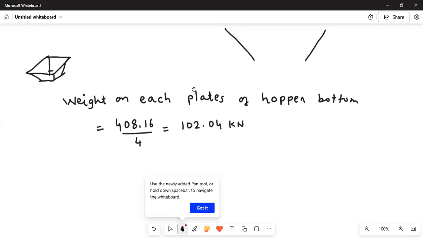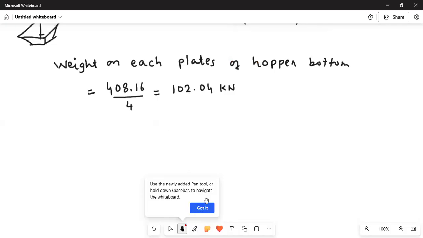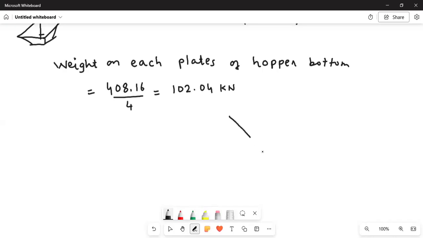So after getting the load, we can find the direct tension in the sloping slab. See, this is your sloping slab, and we have direct tension in the sloping slab. The weight is acting vertically downward. So whatever weight you have calculated, this is that weight, and the tension is parallel to the member.